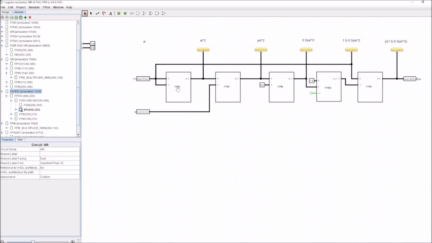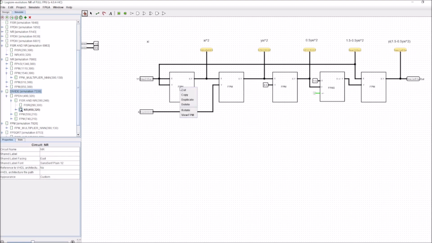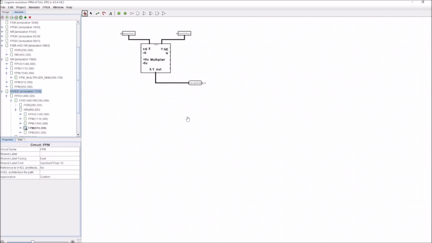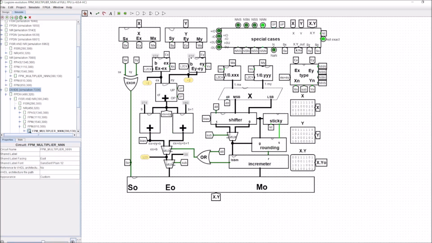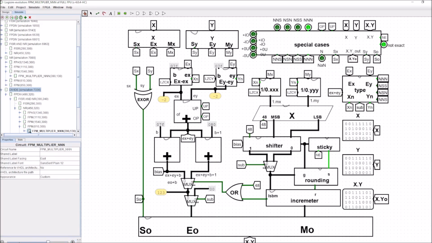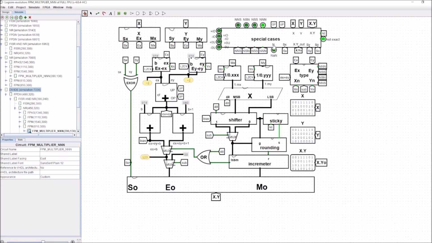Now I'll just quickly get in here because there's a lot of detail in this, and I'm not going to talk through this obviously, but this is the floating point multiplier. Okay, so this is a multiplier circuit here. Now I've got an entire course where I talk through how to design this floating point multiplier if you're interested.